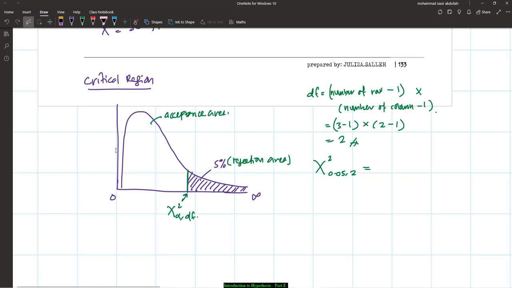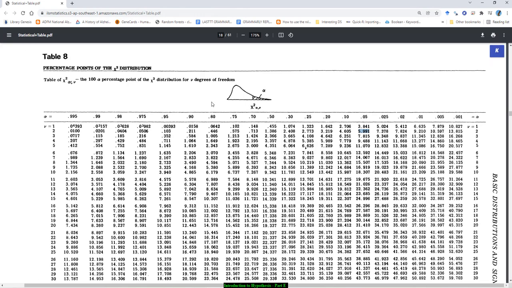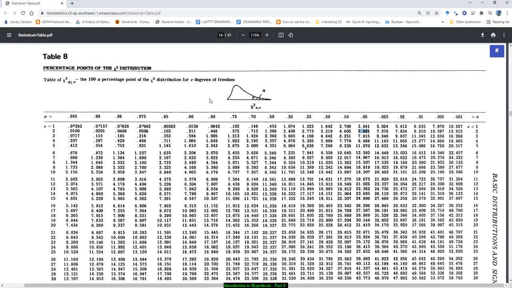So now we're going to look at the statistical table. You can go and find the statistical table, table number 8. In table number 8, there is a chi-squared distribution statistical table. Before we read the table, look at the distribution that they draw. They draw the distribution on the right hand side. So this is what we call our alpha, and this is the critical value.